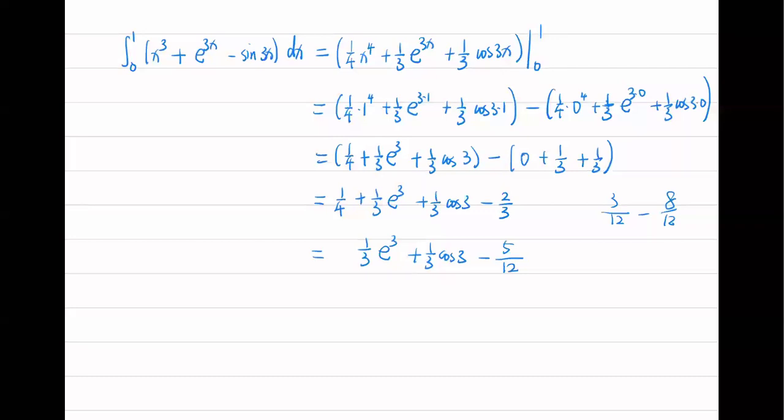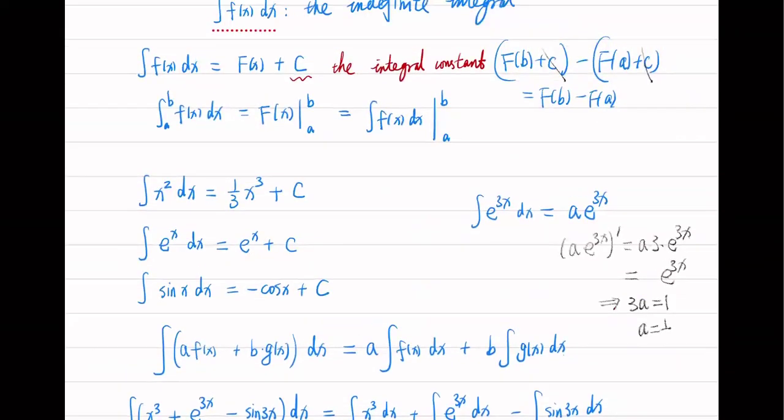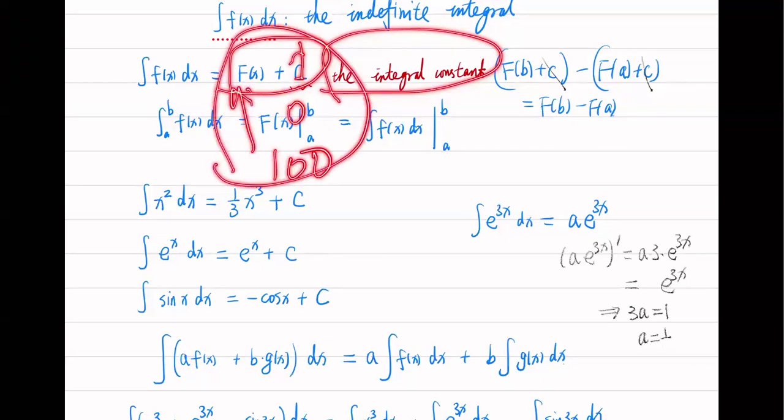Okay, any questions so far? Okay. So this comes from what the meaning of the C is. C is not a number. It just stands for the integral constant. It depends: if you choose 1, you get one antiderivative. Choose 0, another antiderivative. Choose 100, you get a family of antiderivatives.